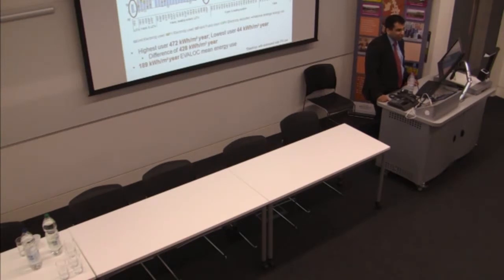So reductions can happen. The mean energy use, just as an indication, is 189. If you compare it against the 2013 average, 35 households had lower energy usage, below 207 kilowatt hours per square meter per year. So certainly something is happening and something is working here.